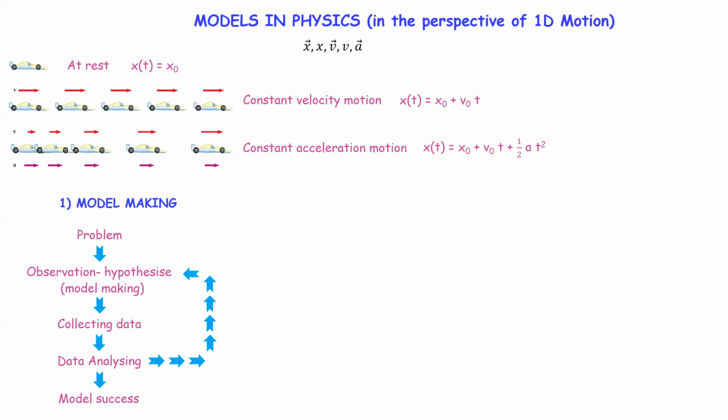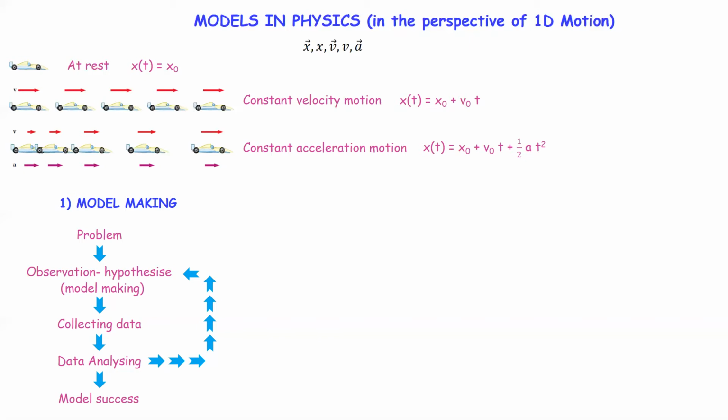You might see that the motion looks like a constant velocity motion, and just for a few data points the constant velocity model fits your real observation, but after 4 or 5 data points, maybe at the 6th and the forthcoming data, it is not fitting your model.